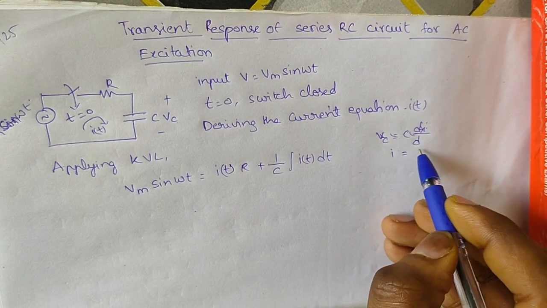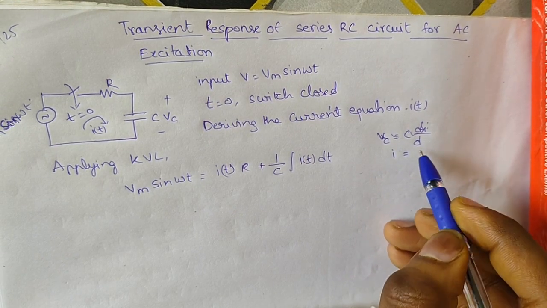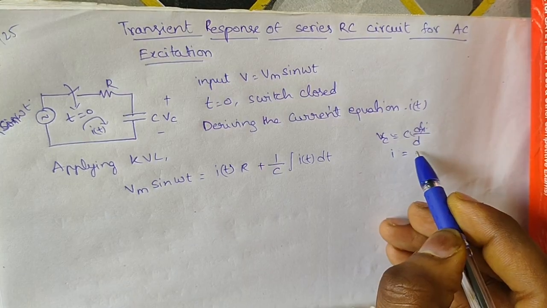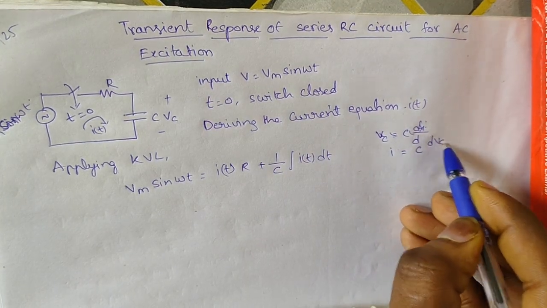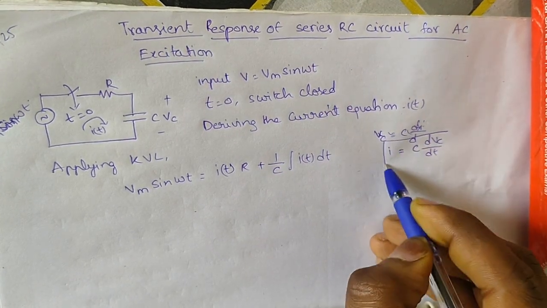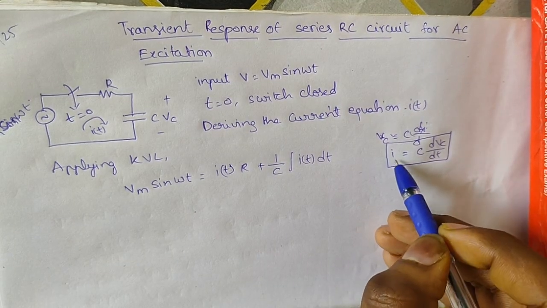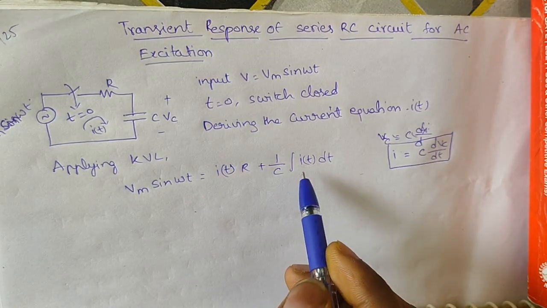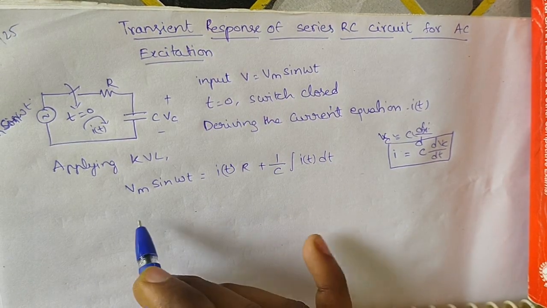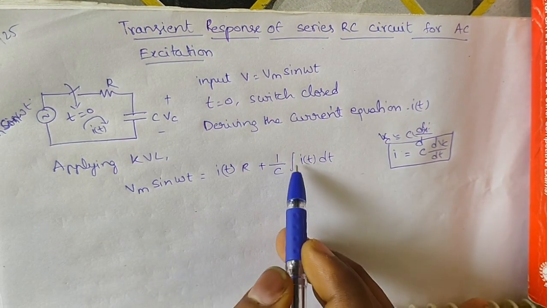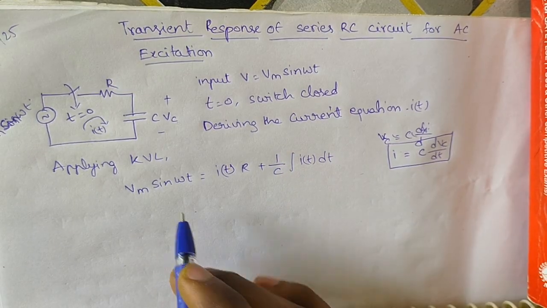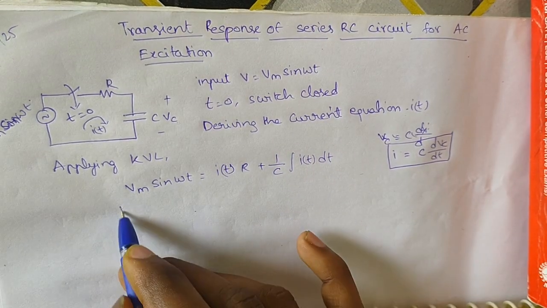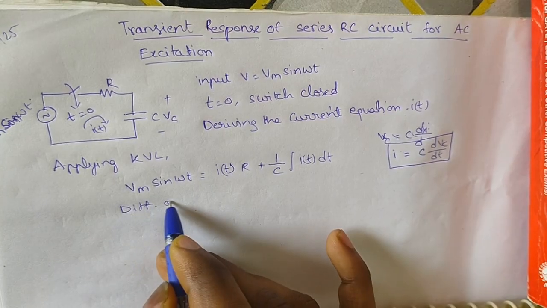The known equation is I is equal to C dVc by dt. From this, if you find the current, it will come here. So differentiating on both sides, to remove the integration, we are now differentiating on both sides.